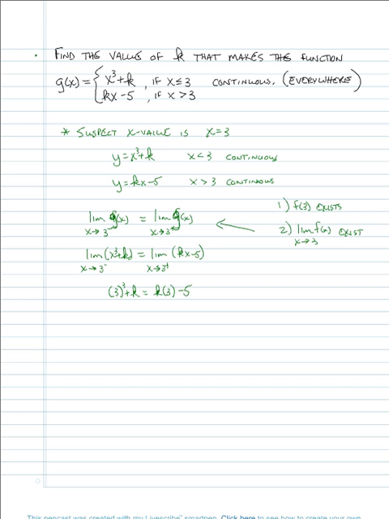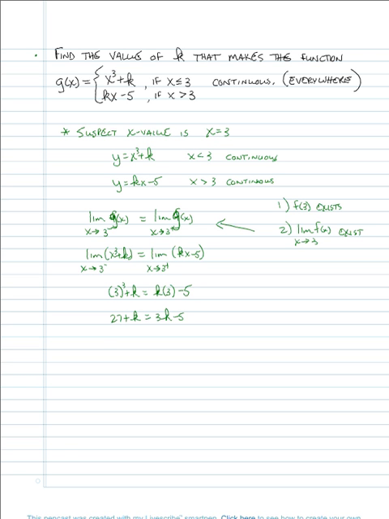That's equivalent to just seeing what the value of y would be, whether we use the top equation or the bottom equation to calculate the value of y when x is 3. We want those two to have the same value. So over here we get 27 plus k, and over here we have 3k minus 5.